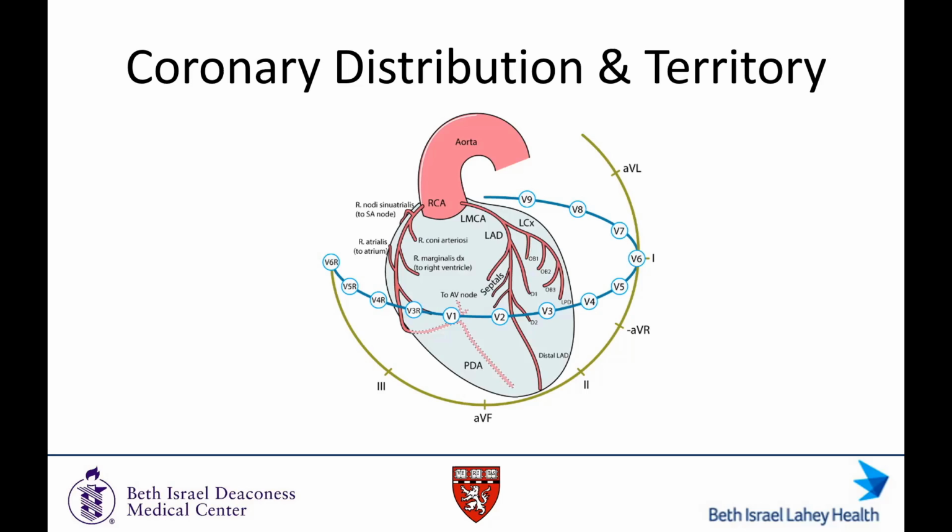Our right coronary artery, which is usually supplying our posterior descending artery, will correspond more to the inferior leads, whereas the LAD is more the anterolateral leads and left circumflex usually the lateral leads.